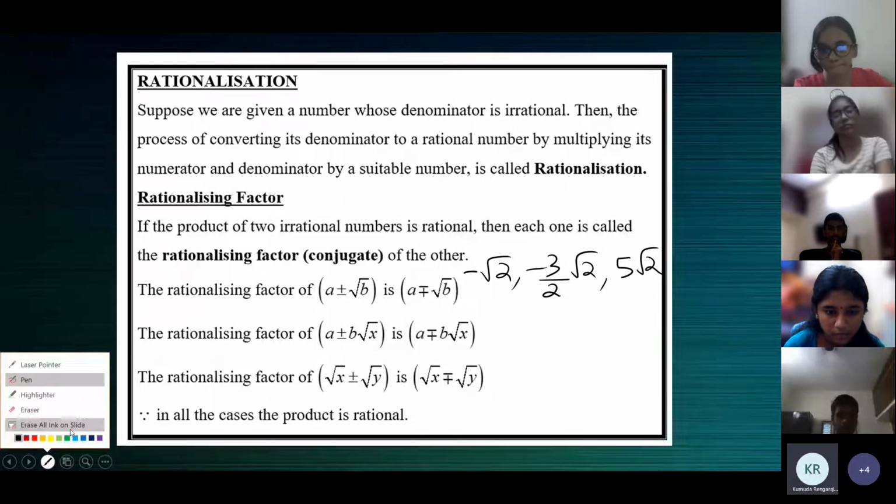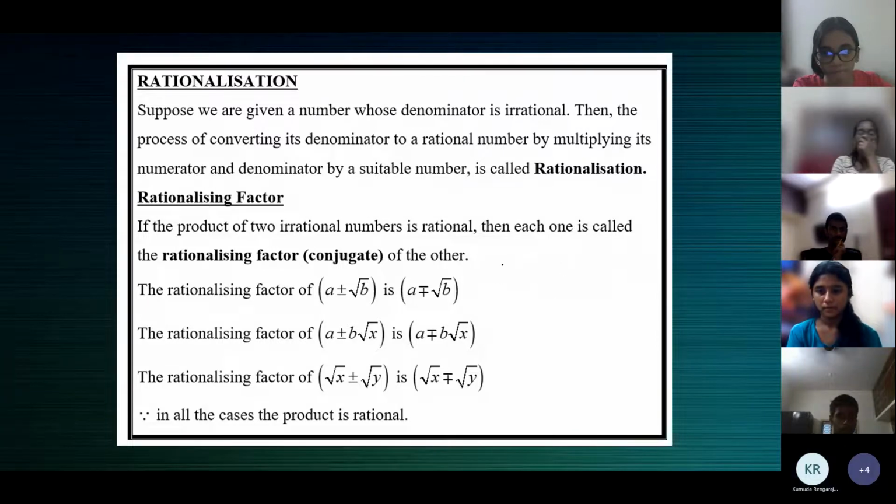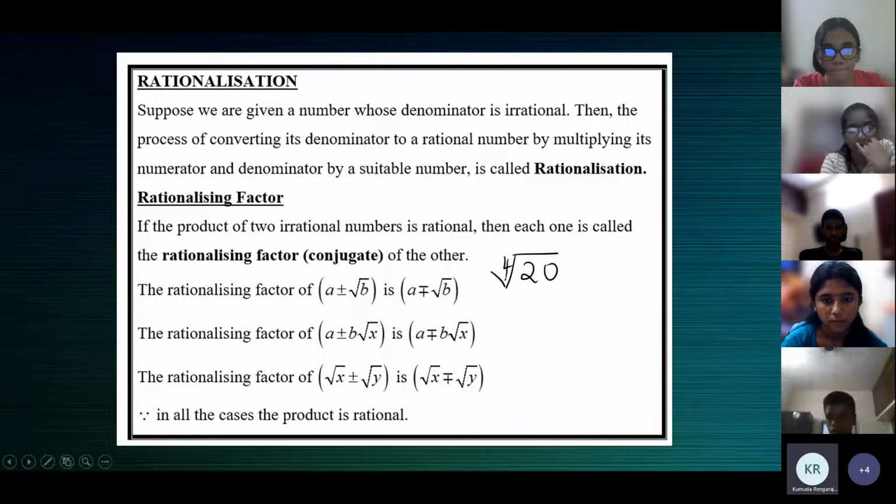You can add and subtract like terms, and you can add and subtract like surds. Okay. Now, what is the order of this surd? 4, ma'am.